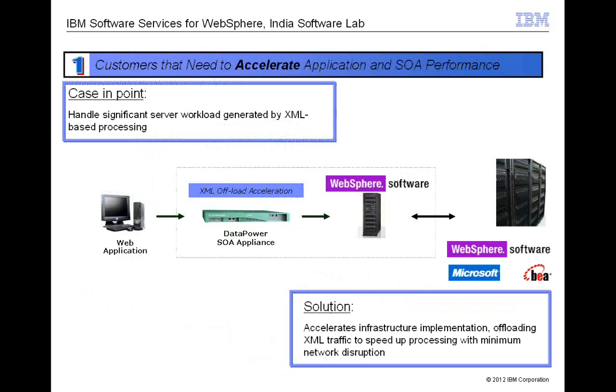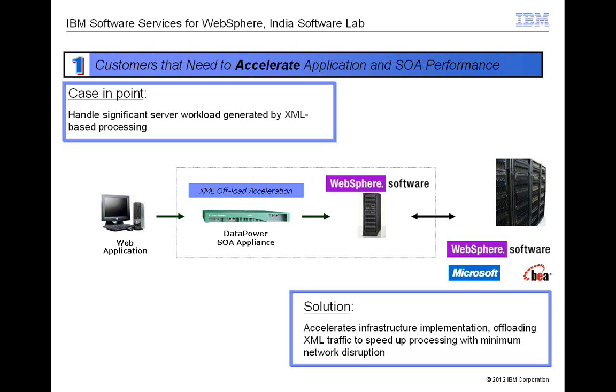Now, what you see in your next screen is the first use case where DataPower can fit into the connectivity and integration space. On the far right, you have probably a WebSphere-based application server, or it could be a Microsoft application server, or a BEA.